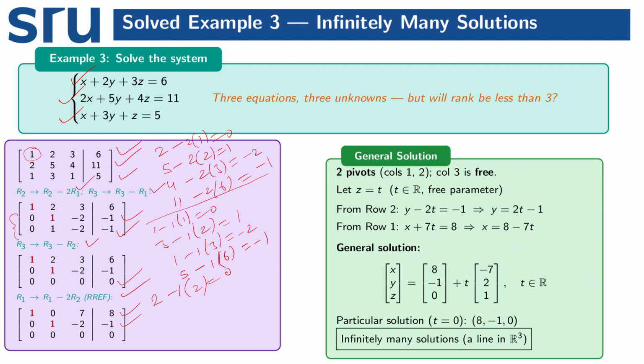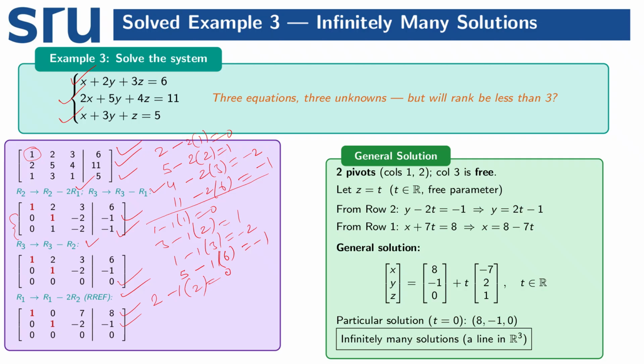Now it is a very important step to find which column has no pivot. Column 3 has no pivot. In that case, this column will have a free variable. This variable z will behave as a free variable.